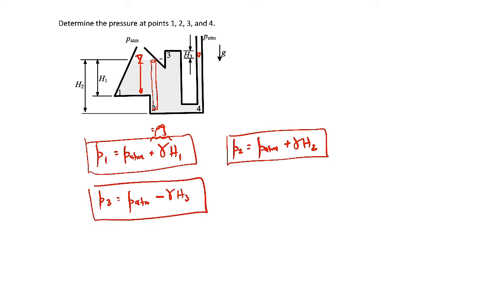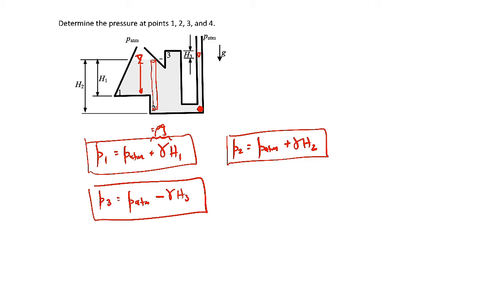It's minus because as we go upward, we're removing the weight of the fluid. So it's actually a little bit lower pressure than what you start with. And notice it doesn't matter that we moved horizontally into this other part of the container. It's just the depth from the free surface. So the depth from this free surface or this free surface is minus h3 to get to point 3.